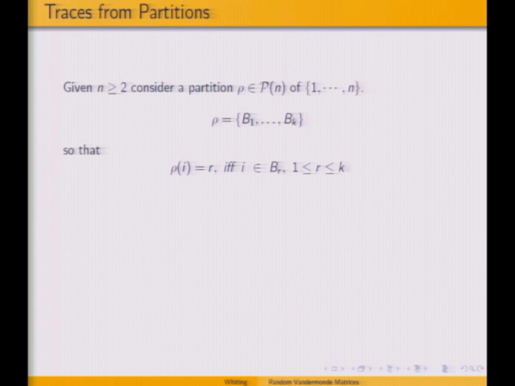Right, so in order to do that, we have to do something kind of complicated with the traces. The idea is that if you look at the trace sum, you can characterize it by considering partitions.